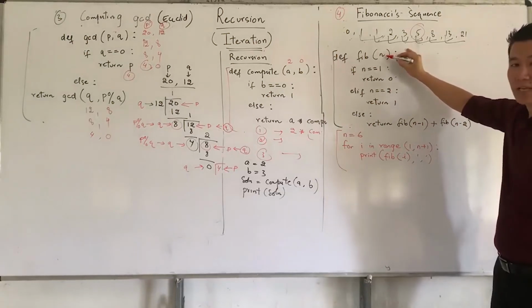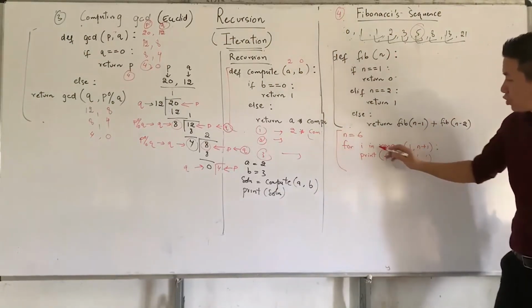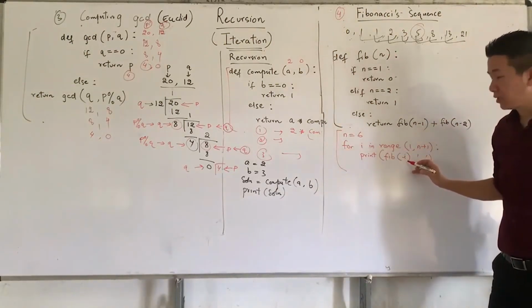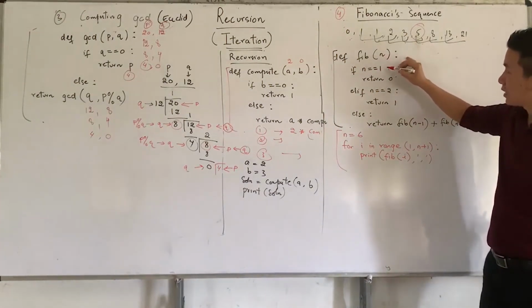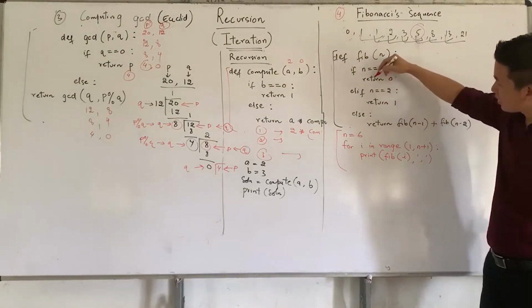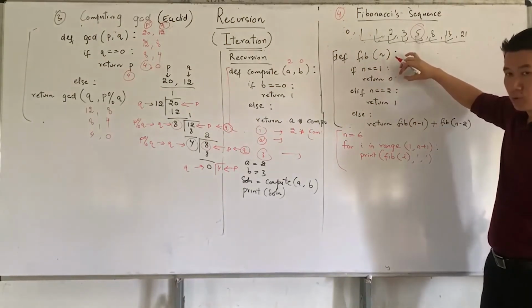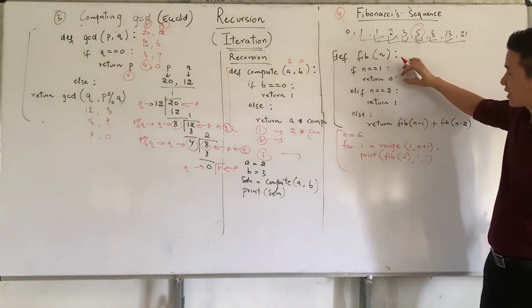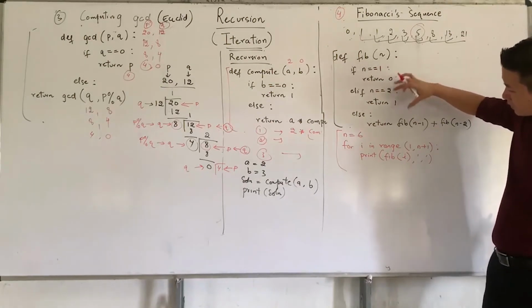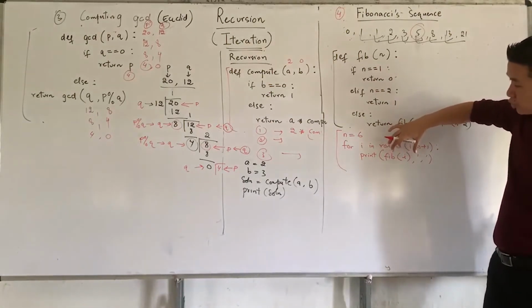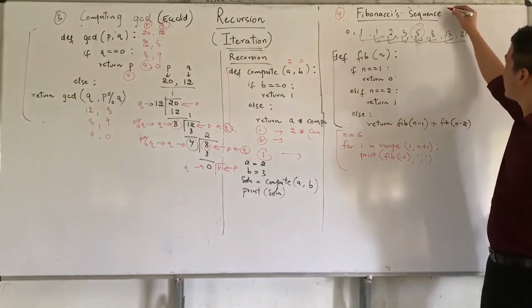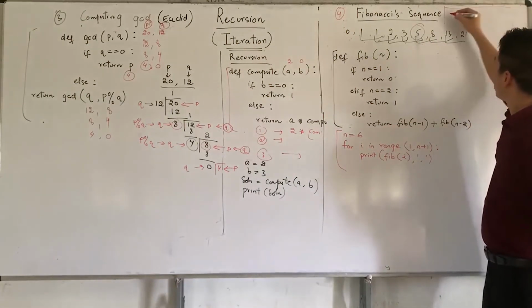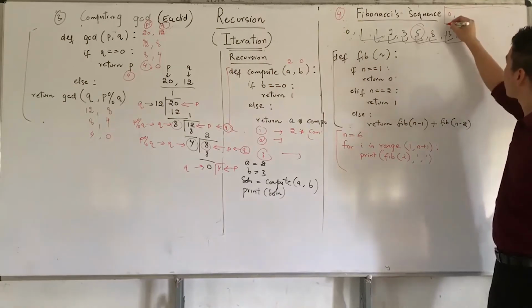Since the value of n is 1, this condition becomes true, return 0. So you already have the first base case executed. So 0 will be returned here, and then 0 will be printed followed by a comma. So you have the first Fibonacci number, 0, comma.